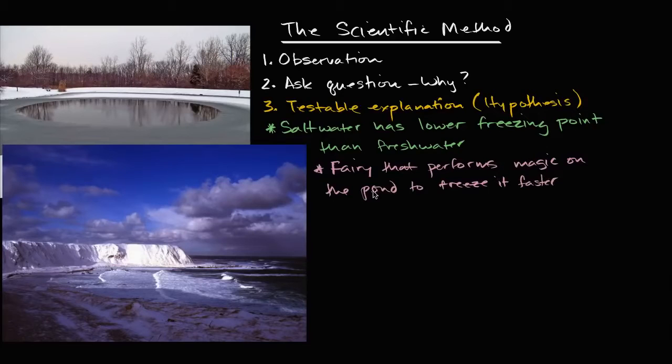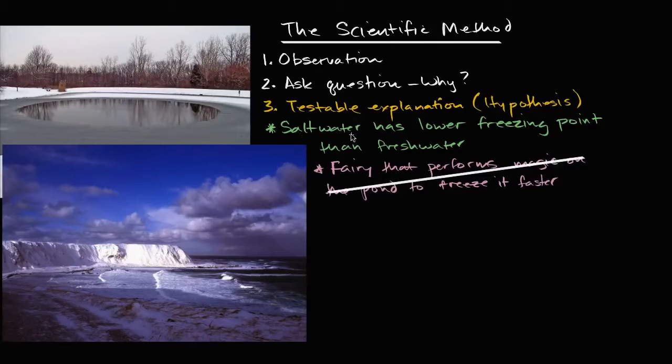And the reason why this isn't so good is that this is not so testable, because it's depending on this fairy, and you don't know how to convince the fairy to try to do it again. You haven't seen the fairy. You haven't observed the fairy. It's not based on any observation. And so this one right over here, this would not be a good hypothesis for the scientific method. So we would want to rule that one out.